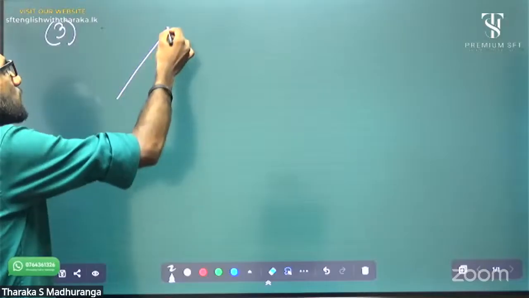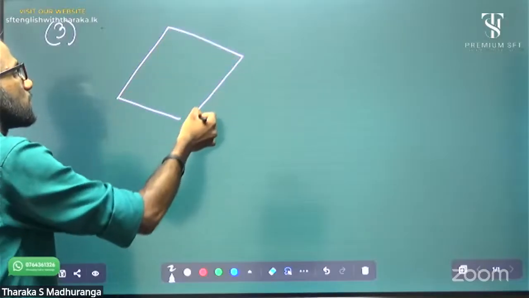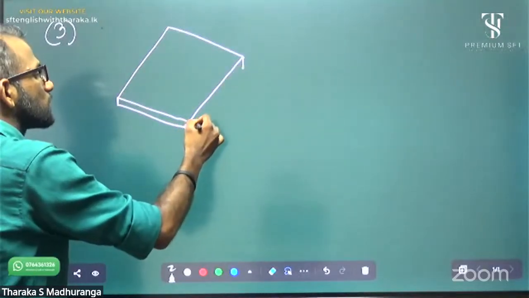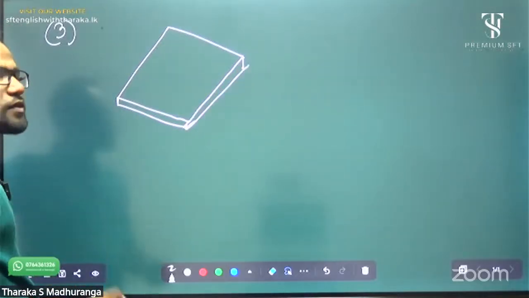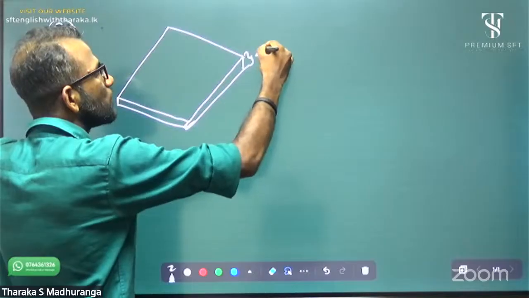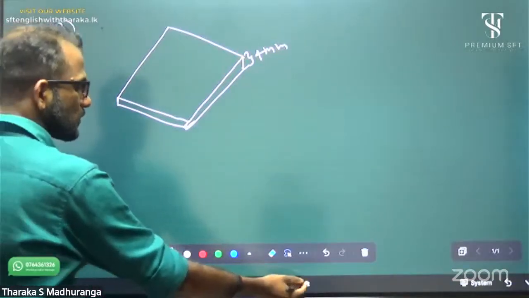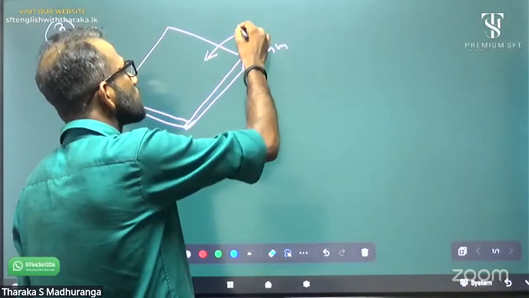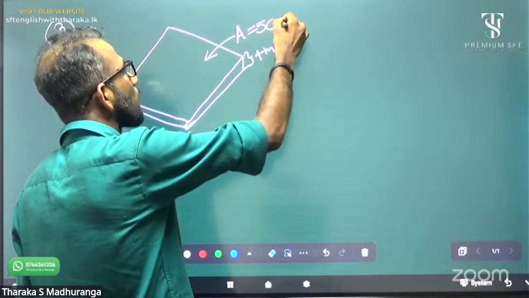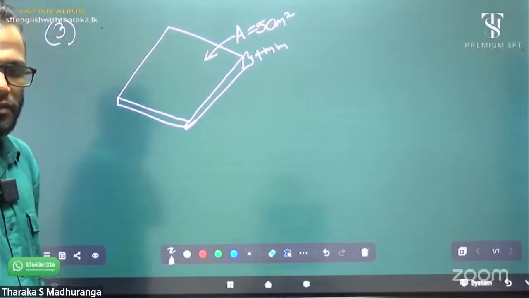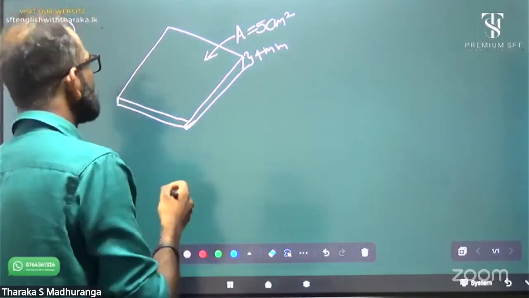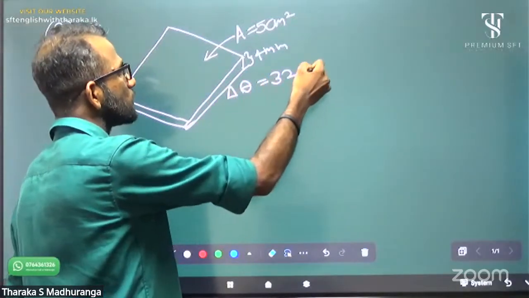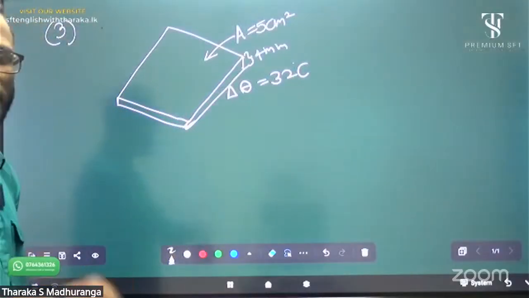This is a metal plate, 4 millimeter thickness, and the cross section area is 5 square centimeter. And the temperature difference, delta theta, is 32 Celsius. The temperature difference is also given, right?